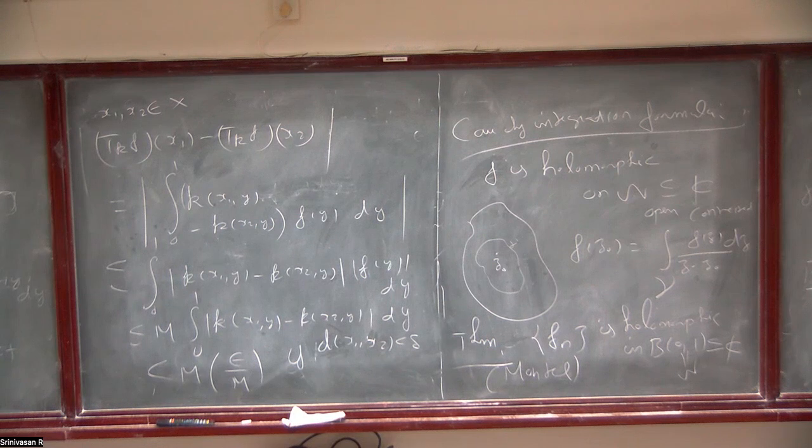All you have is the integral over z such that mod z equals R, of 1 by z minus z1 minus 1 by z minus z2. To take it to the top, you will get mod of z1 minus z2 over (z minus z1)(z minus z2).